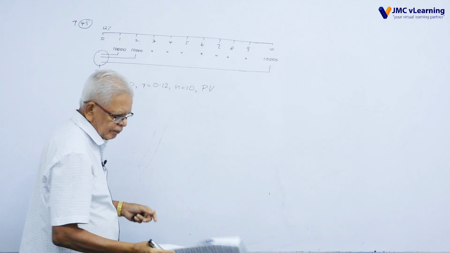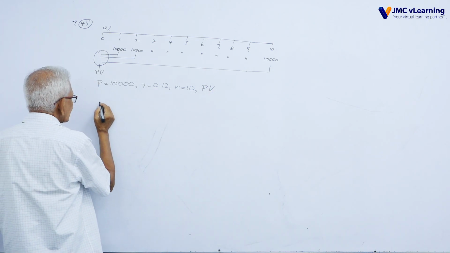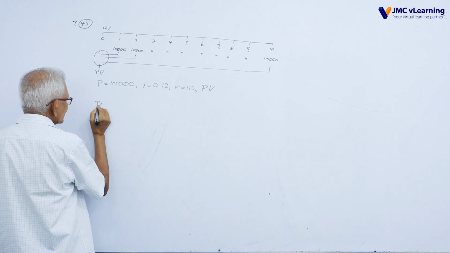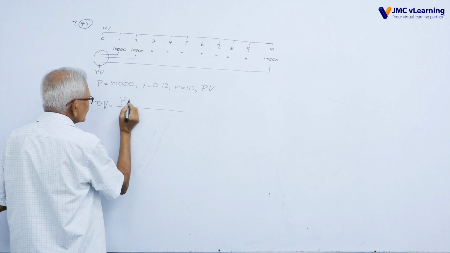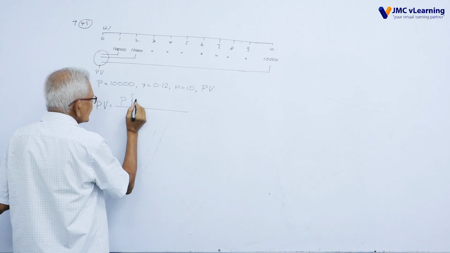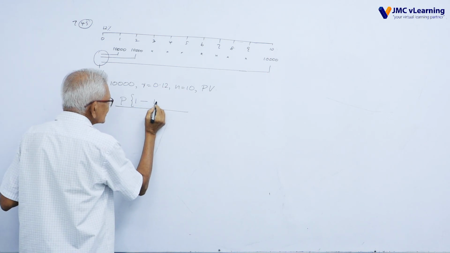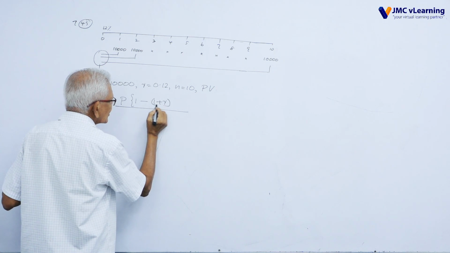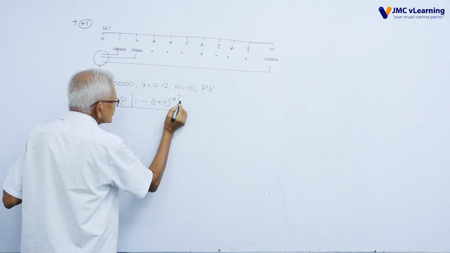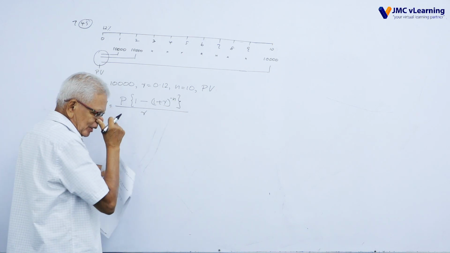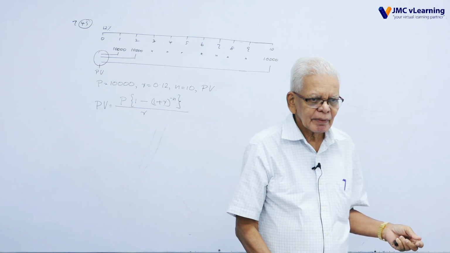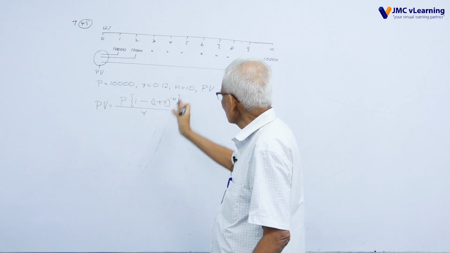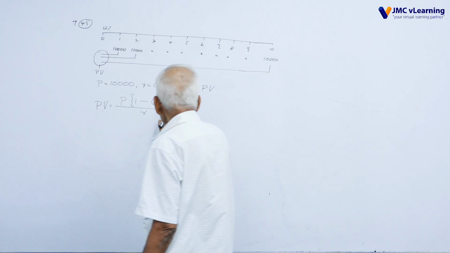Write down the formula: present value equal P brackets 1 minus 1 plus R to the power minus N over R. We'll use this formula. The other one also same thing, minus n. We can write down minus n in the calculator, no? So no need to make it positive.